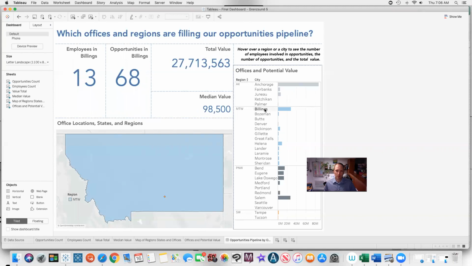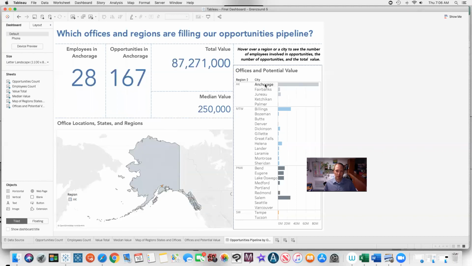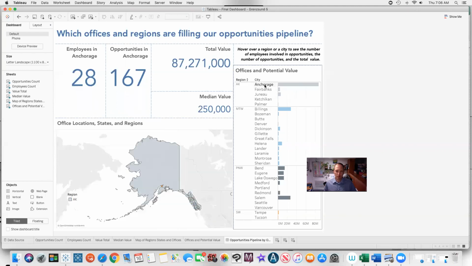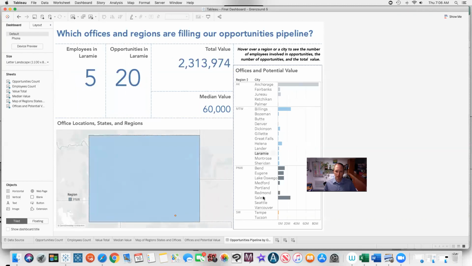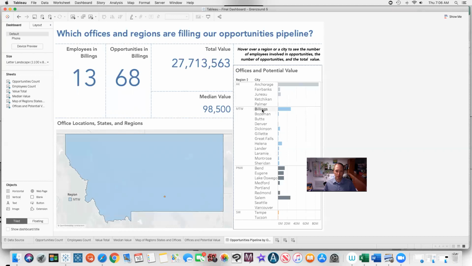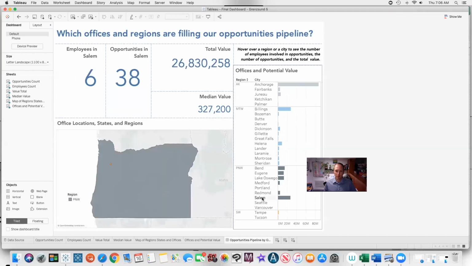And really looking at comparing the median values and the number of individuals pursuing that work and the number of opportunities represented. And another relative insight would be Salem, a much smaller office as far as the number of people pursuing work, fewer opportunities, but a total value almost on par with Billings, with half the number of opportunities represented a much higher median value.